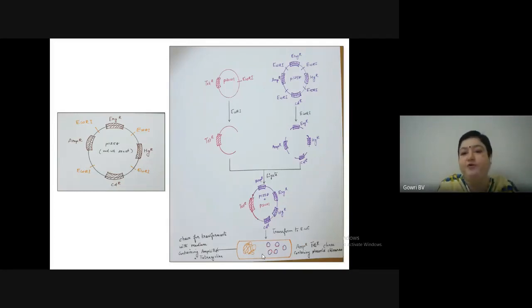Okay, so you have 2 different diagrams here on the top. pSC101, which has tetracycline resistant gene and can be restricted with the enzyme EcoR1. On the other hand, with purple color, P1258 that has 4 different resistances, erythromycin, ampicillin, mercury, and cadmium, that also can be restricted with the restriction endonuclease EcoR1 into 4 different fragments.